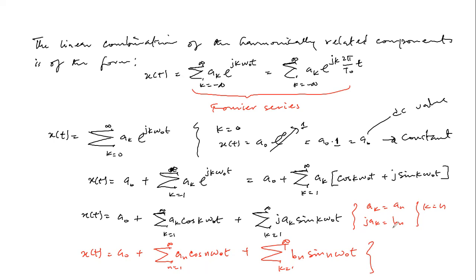Here, see that a naught, a sub n, and b sub n are the Fourier coefficients. You have to figure out how to estimate them. Now, this expression is the trigonometric form of the Fourier series.